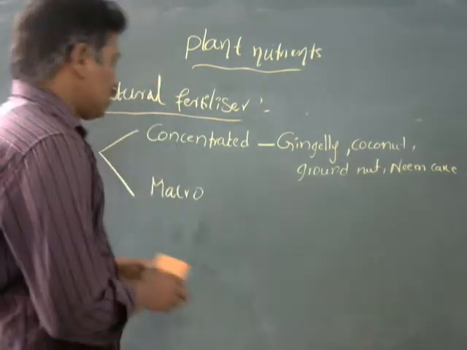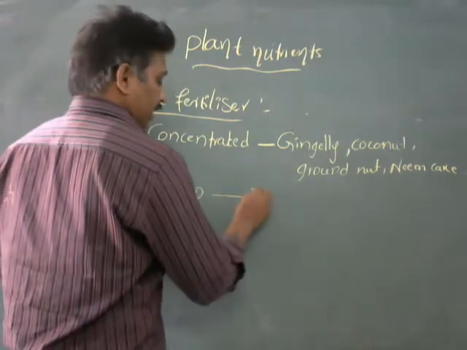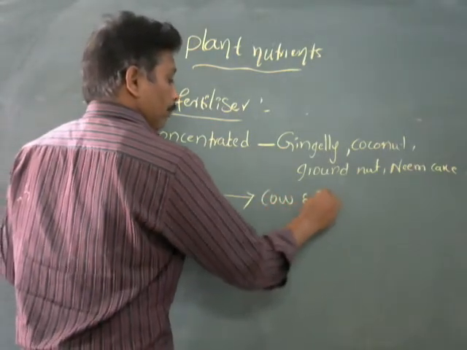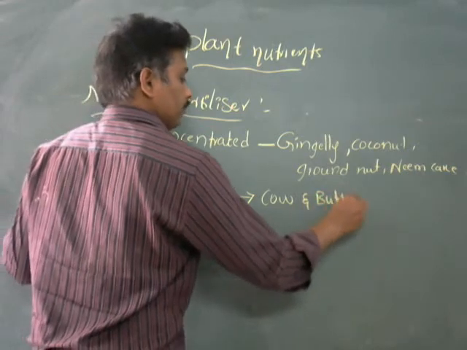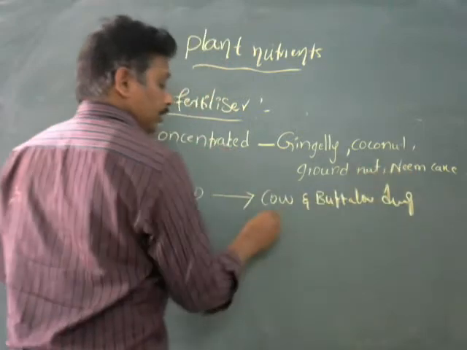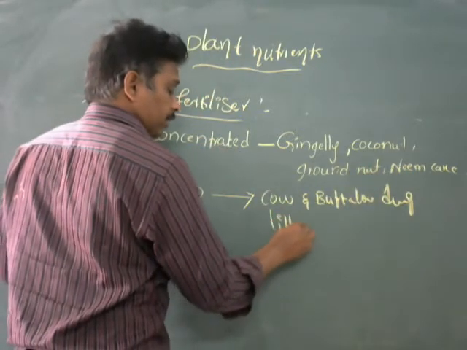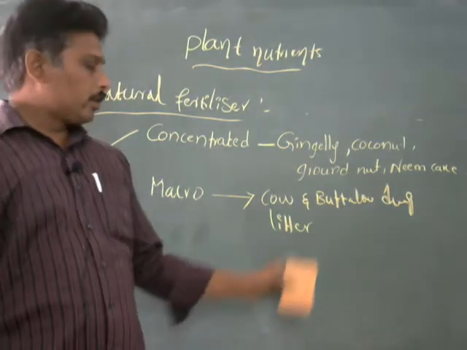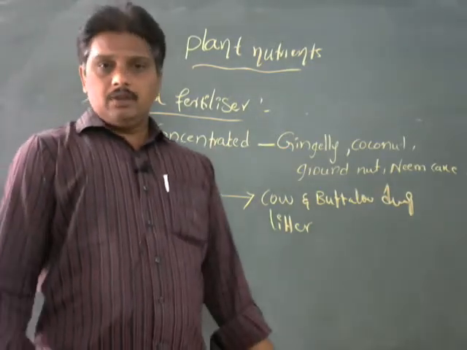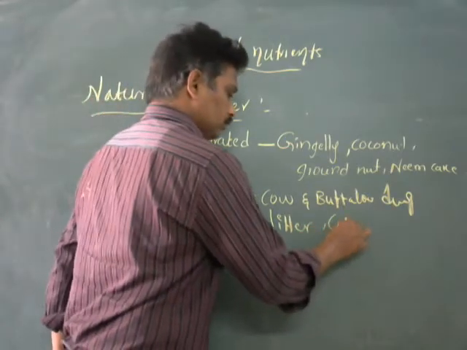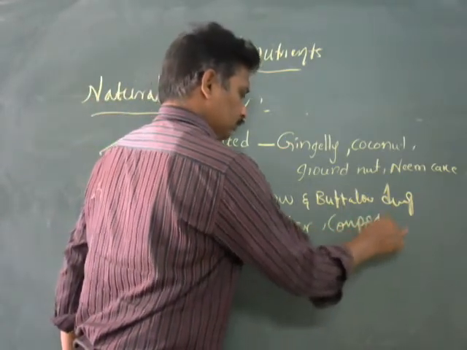Next, macro fertilizers like cow and buffalo dung, litter, which means waste material and waste straw, leaves and twigs of plants, and compost, which is decomposed material.